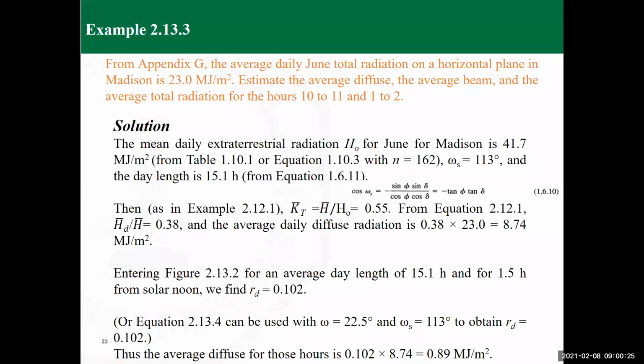So the diffuse component here is the 0.102 we obtained from the graph or the equation multiplied by the value of HD, and accordingly it becomes 0.89. So this is the average diffuse radiation between 10 and 11 in the morning.